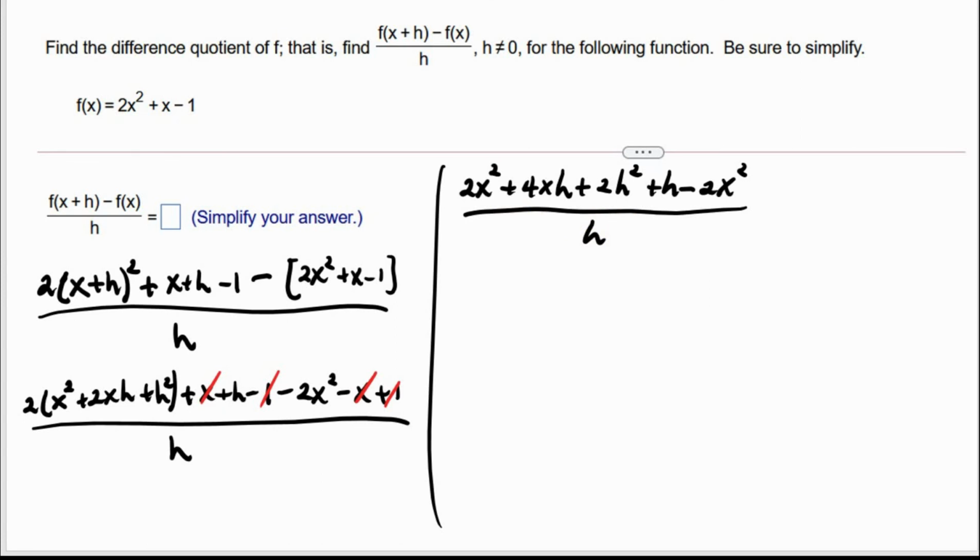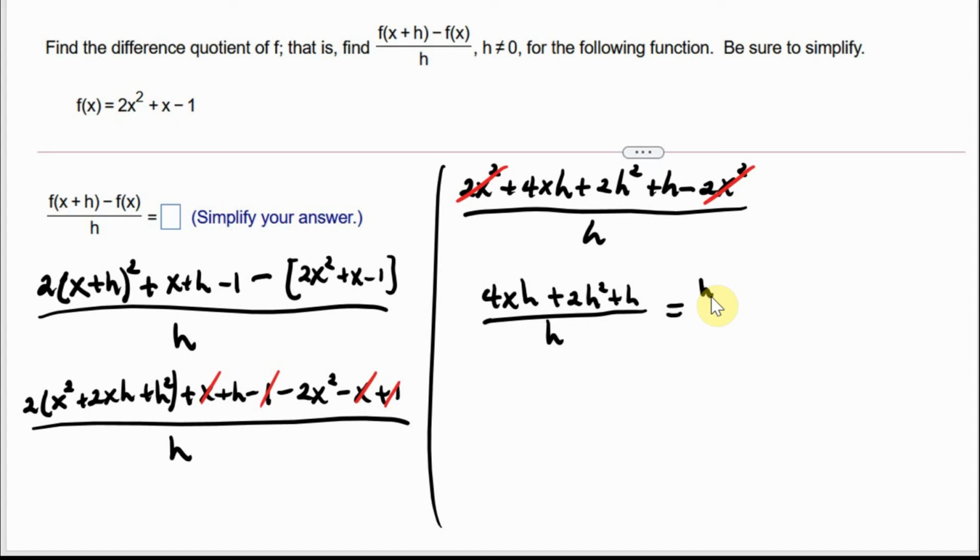Now something else cancels. You see that? You see the 2x squareds cancel? And so I have left here 4xh plus 2h squared plus h all over h. Notice I have an h common in my numerator. Let's factor that out.